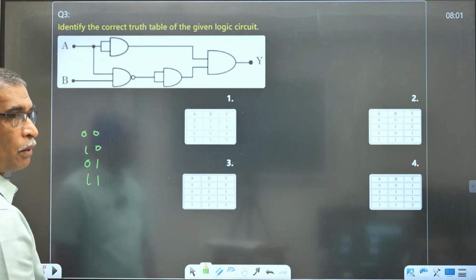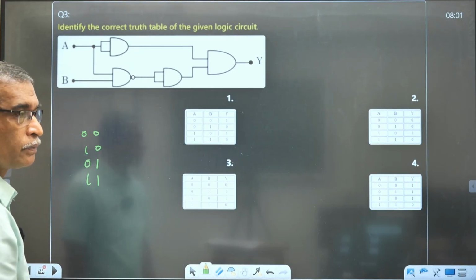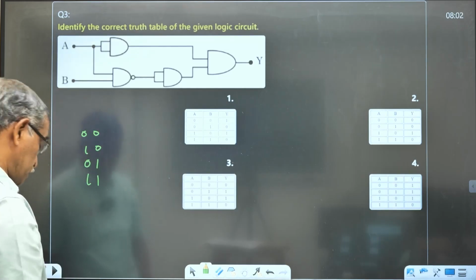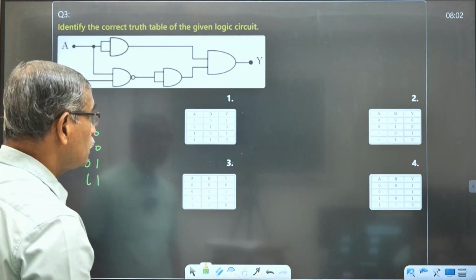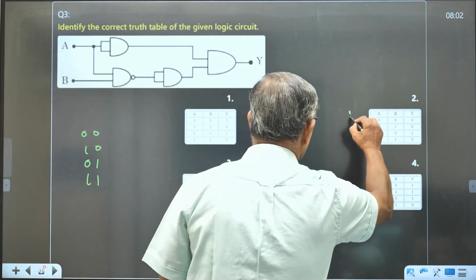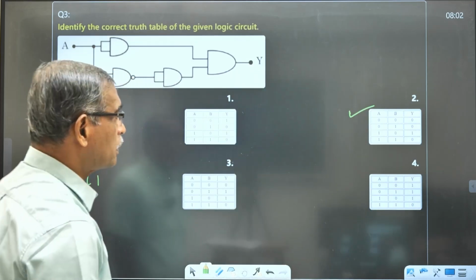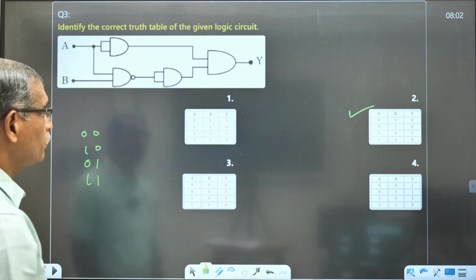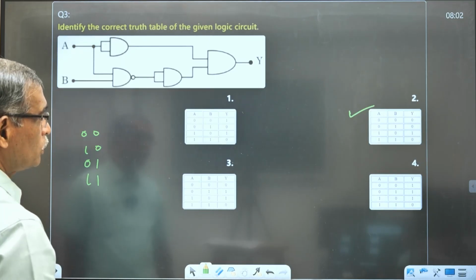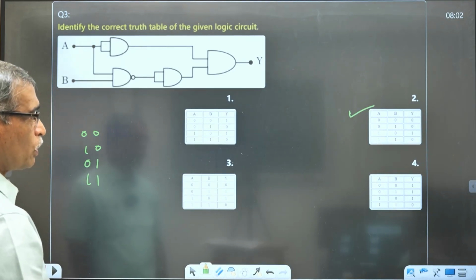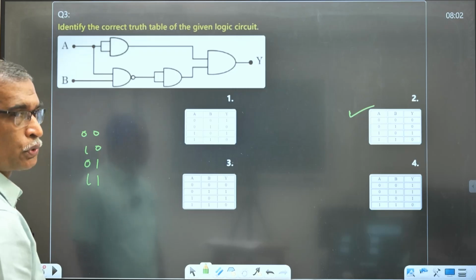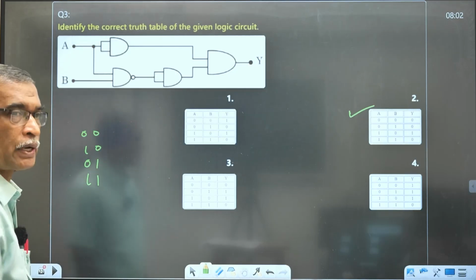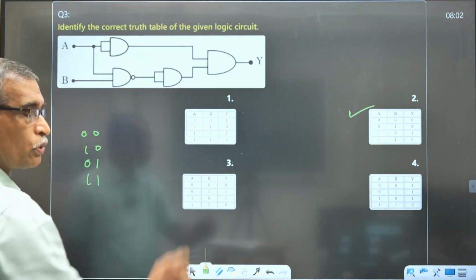That's what we are doing: give the inputs and see the outputs. If you verify, you can say that this truth table will be true for this circuit. 0 0 gives 0, 0 1 gives 0, 1 0 gives 1, 1 1 gives 0. That is the result you are going to obtain, and therefore the correct option is 2.